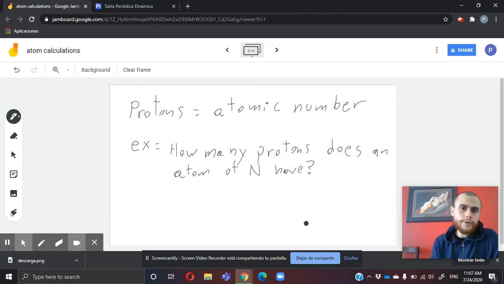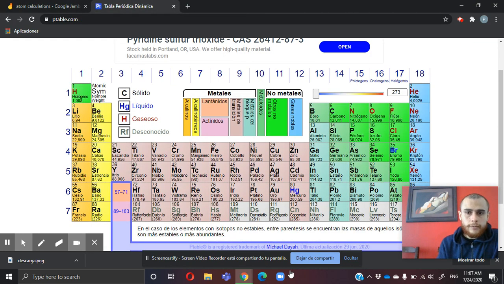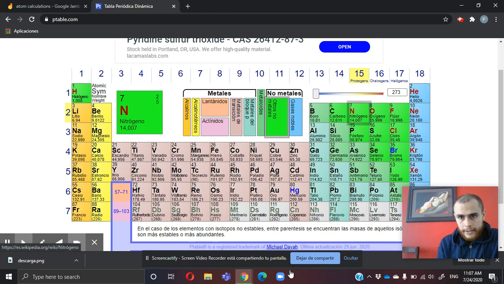Okay. We're going to continue here. So we have our first formula: protons equals atomic number. So if I have this question, how many protons does an atom of nitrogen have? I need to find the protons. I'm going to start by taking a look at the atomic number, so I'm going to go to the periodic table. On the periodic table, for nitrogen, the top number is a 7.